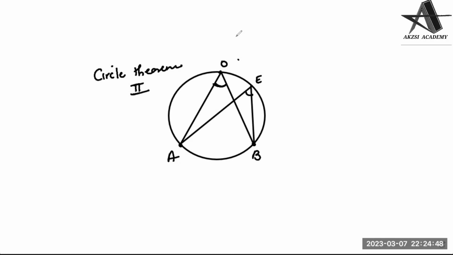And we can easily understand it. AB makes an angle at the center. Suppose it's making x. So this angle will be x by 2, according to theorem 1. If I ask you what will be the angle at the circumference, that is angle AOB, it will be half. Similarly, what will be the angle AEB? Applying the same circle theorem 1, AEB also will come out to be x by 2.